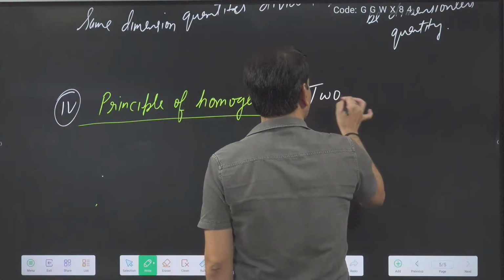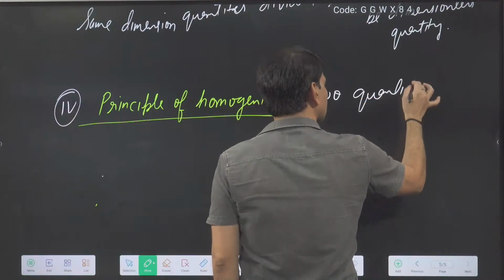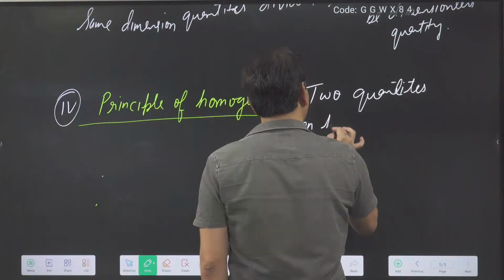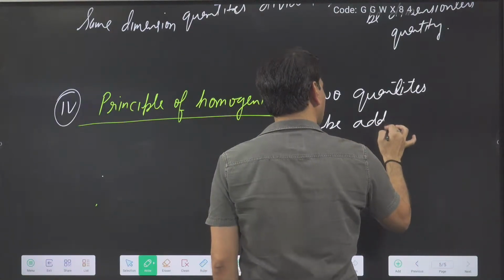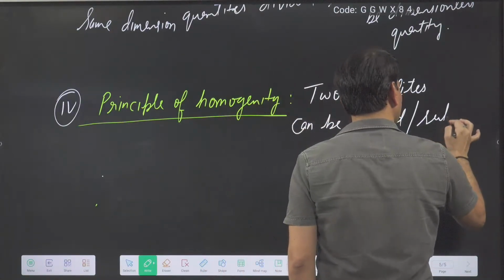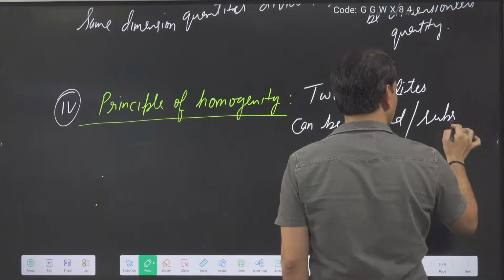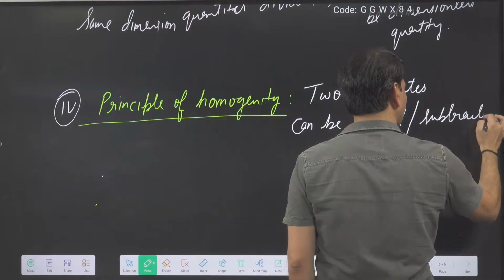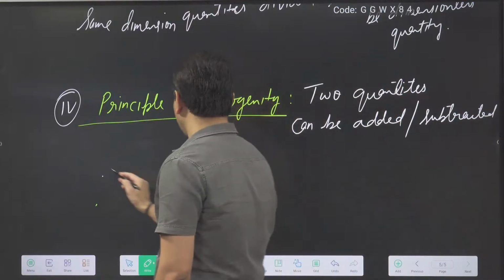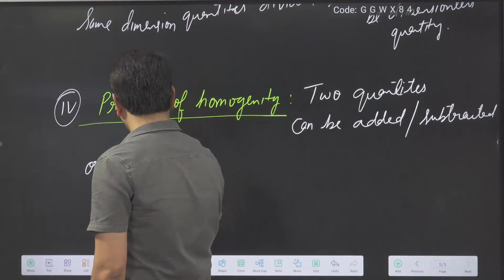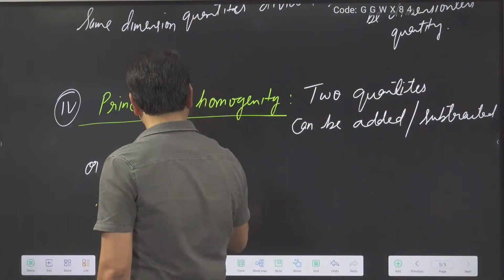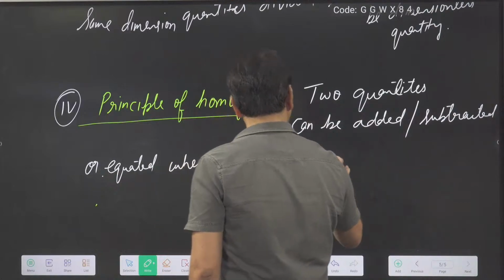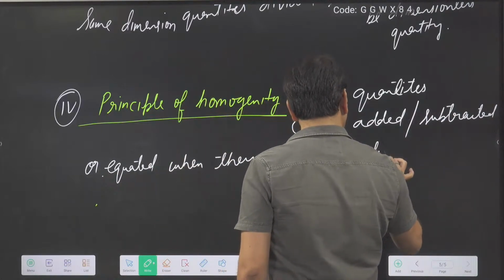Two quantities can be added, subtracted or equated when they have the same dimension.